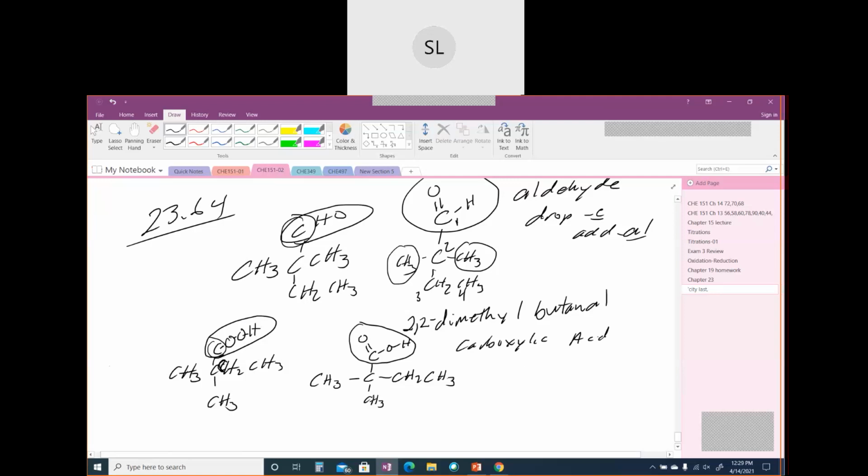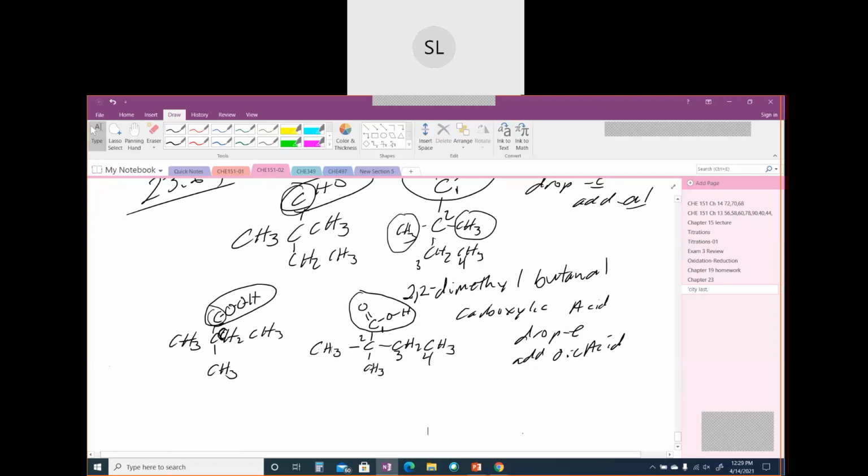To name a carboxylic acid, we're going to drop the E, we're going to add oic acid. All right, and just like your aldehydes, you have the longest carbon chain, but you must start with the C double bond O being carbon number 1. So 1, 2, 3, and 4. So it's going to be very similar to the last one.